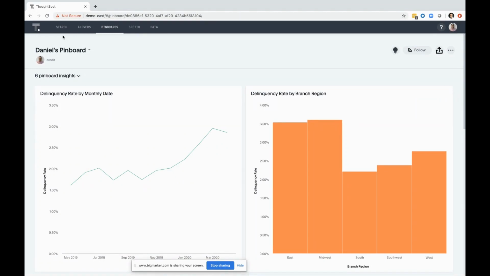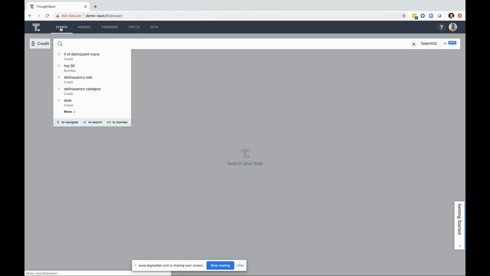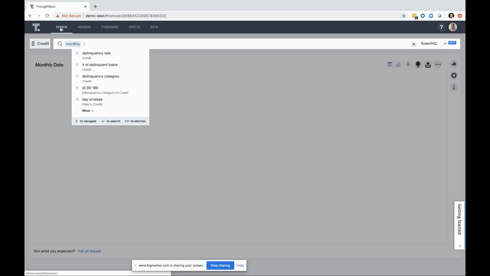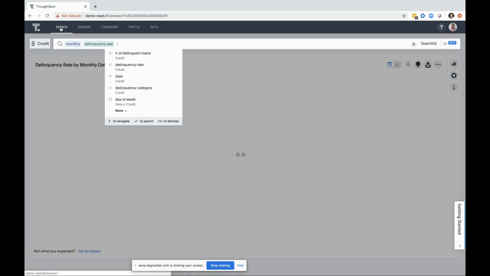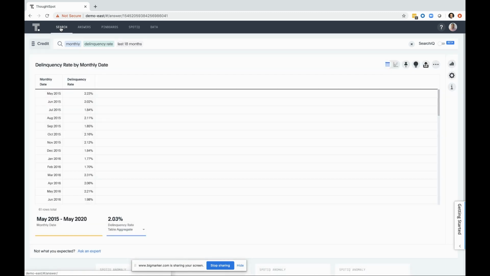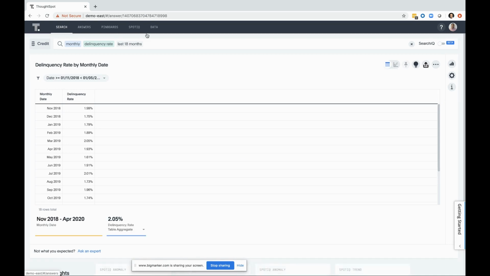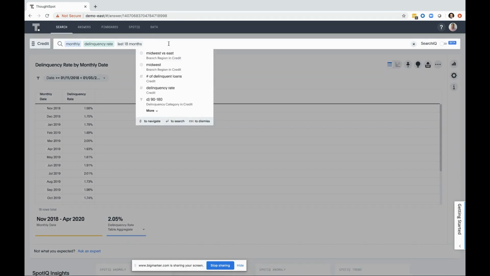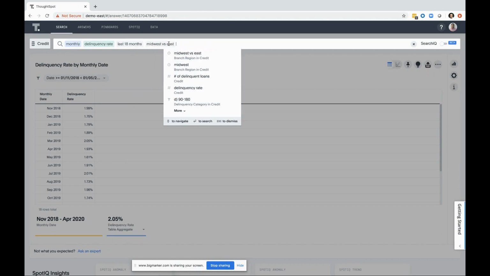So last example I'm going to run here, going back to the monthly delinquency rating, looking at the last 18 months as an example. I might want to do a direct comparison between those two regions, right? I'm going to say I want to compare Midwest versus East.